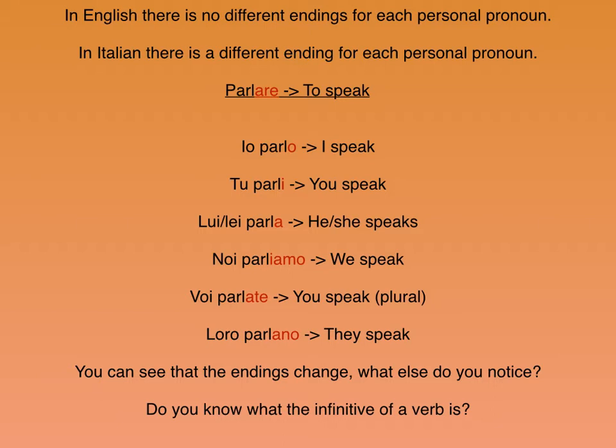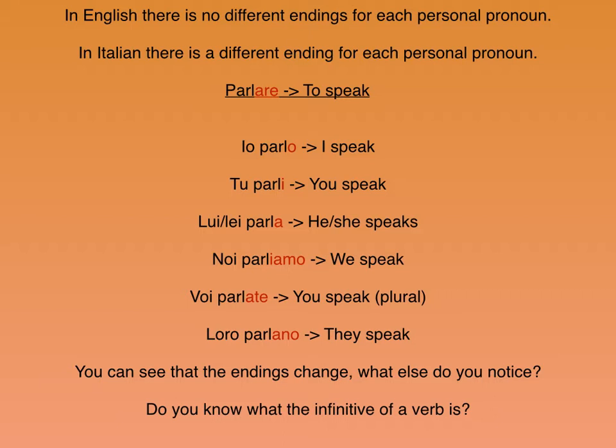Noi parliamo, i-a-m-o. Voi parlate, a-t-e. Loro parlano, a-n-o. However, in English, we have I speak, you speak, he and she speaks. We speak, you speak, they speak. So you can see that the endings change, but what else do you notice?